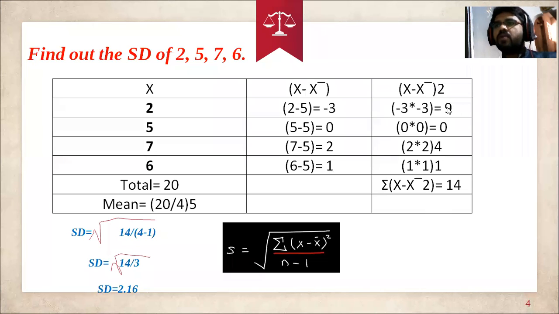It is a square value. So 9 plus 0 is 9, 9 plus 4 is 13, 13 plus 1 is 14. You got 14. Then we can substitute these values in the formula.